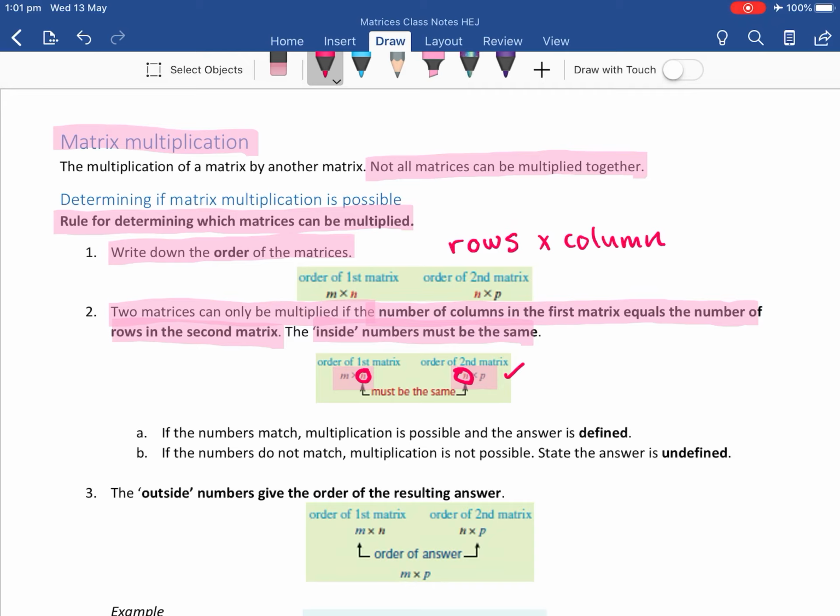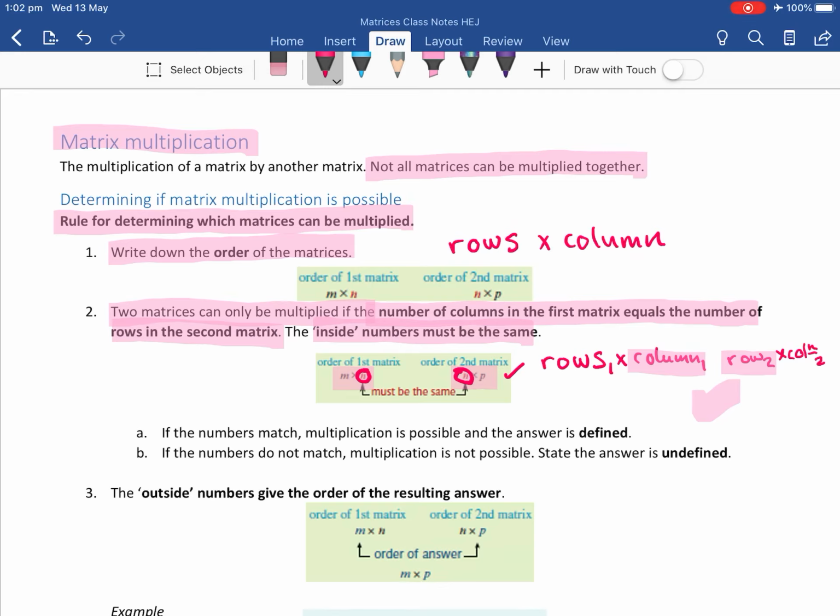So you've got the rows of your first matrix times the columns of your first matrix, then the rows of your second one times the columns of your second one. If the columns of the first and the rows of the second are the same, the inside numbers, then you can multiply. It'll probably make more sense when I have a numbered matrix below.